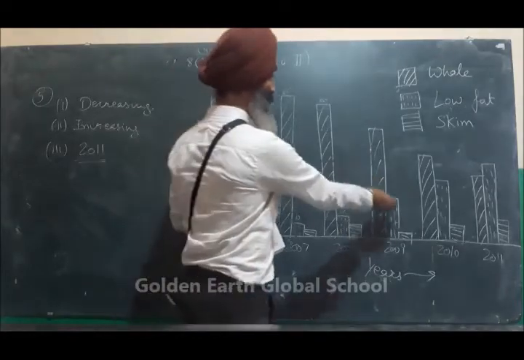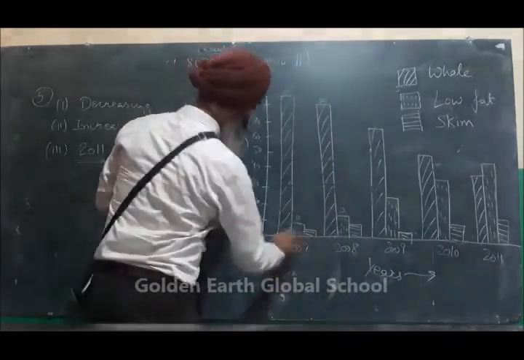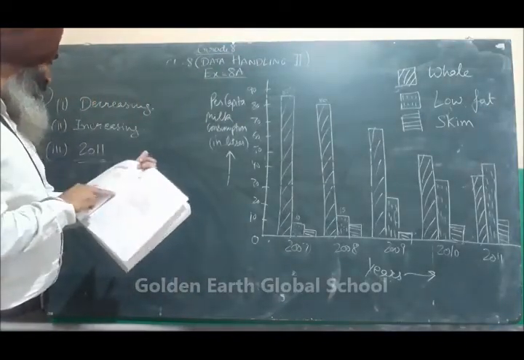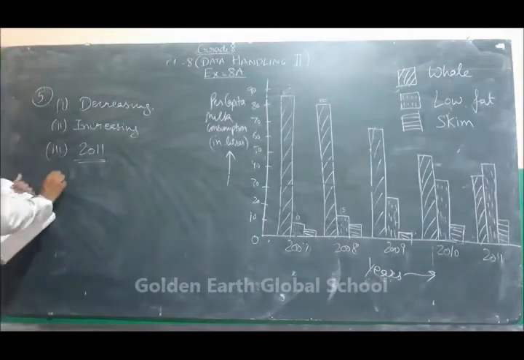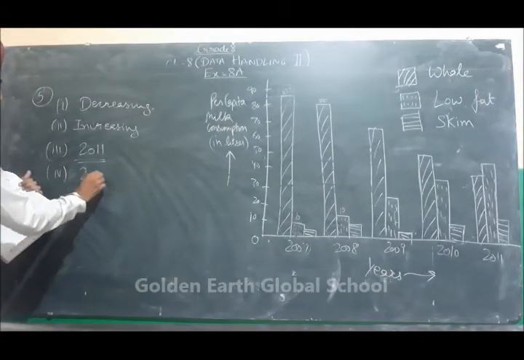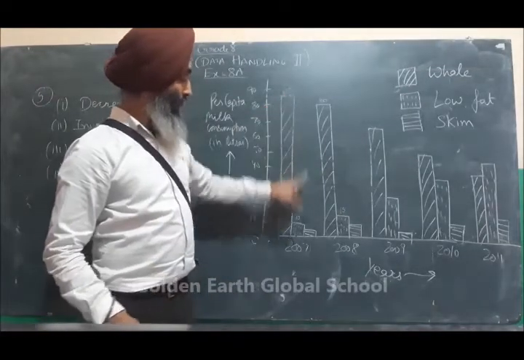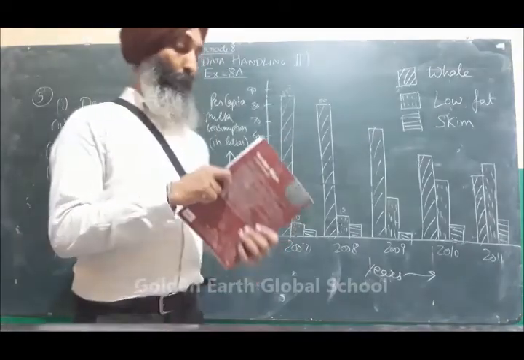So in this, the difference will reduce. So the maximum difference is in 2007, because it is talking about which year. So the answer of the fourth part is 2007.